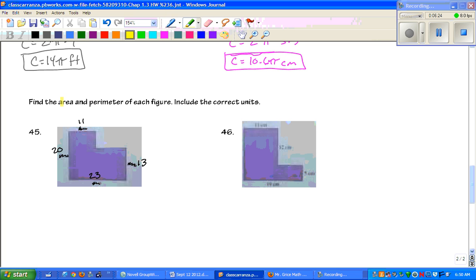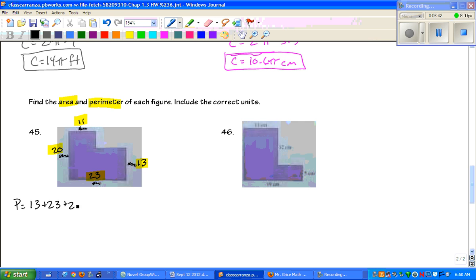Okay. So we're finding the area and perimeter. To find the perimeter, we got to add up all the sides. So we have 13, 23, 20, and 11. But is that all of the sides?